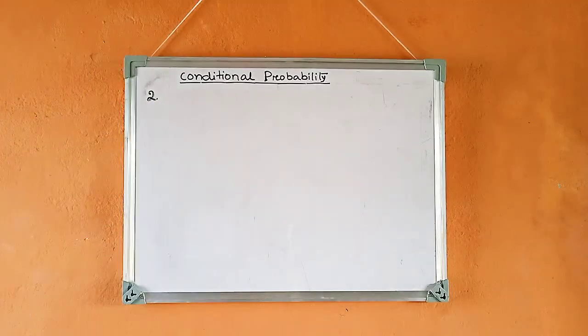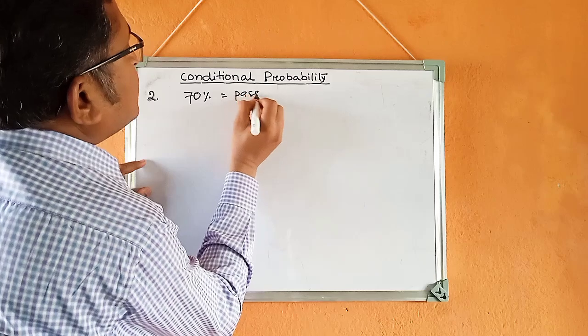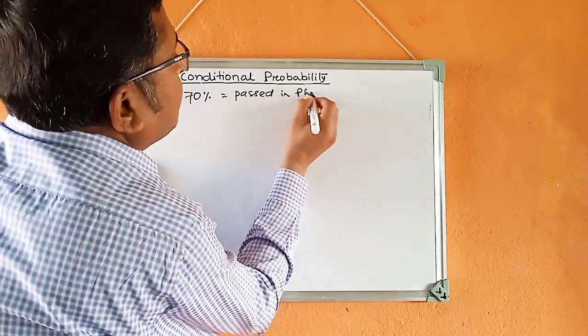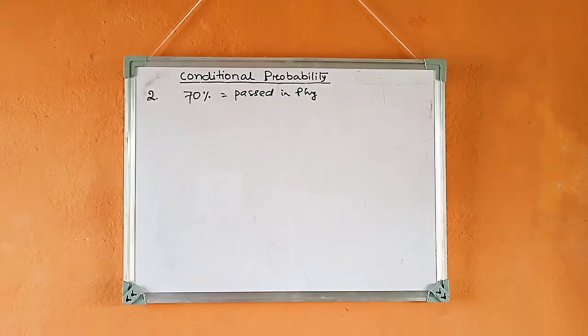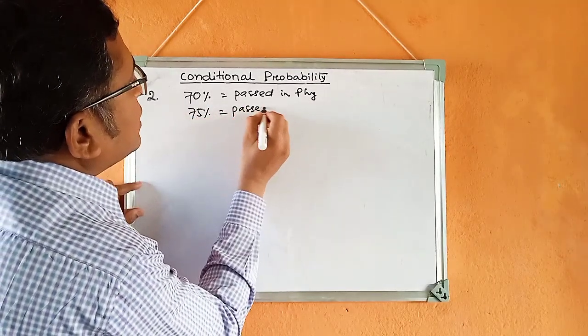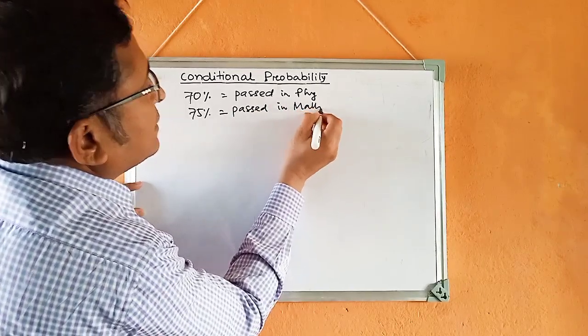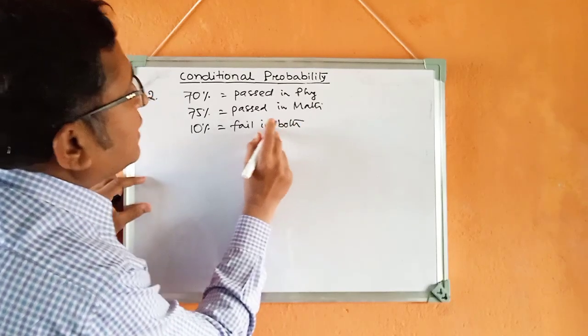In a school, 70% of students passed in physics, 75% of students passed in mathematics, and 10% of students failed in both subjects.